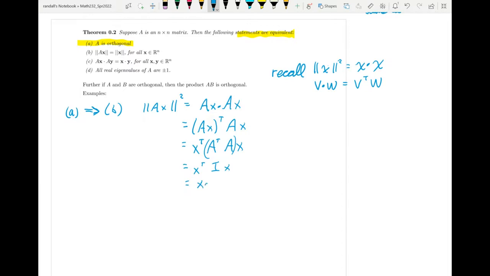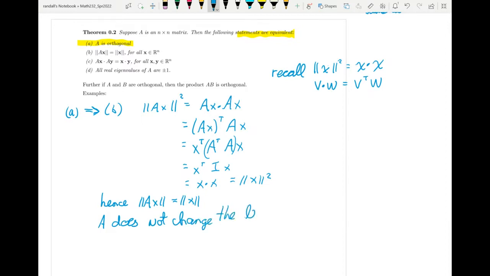And so I have X dot X, which is the norm of X squared. Orthogonality means that, and hence, because the norm is a positive number, the norm of AX is the norm of X. So this is an important feature: A does not change the length of vectors.